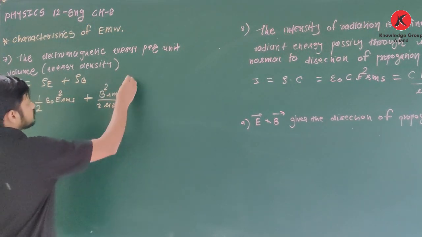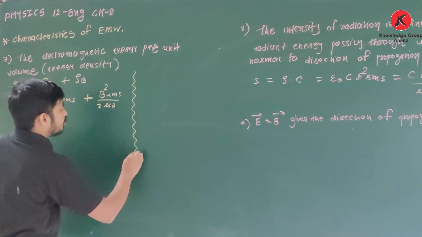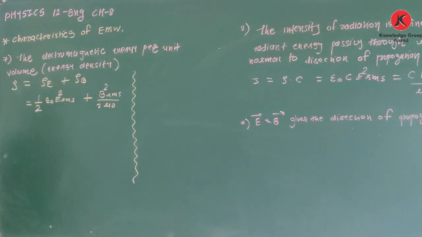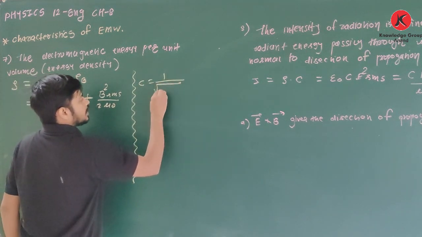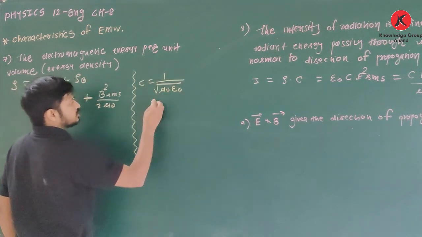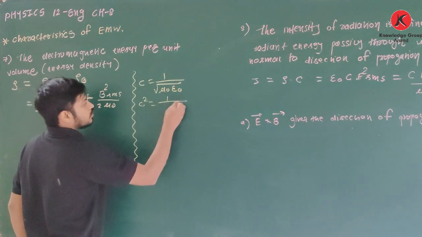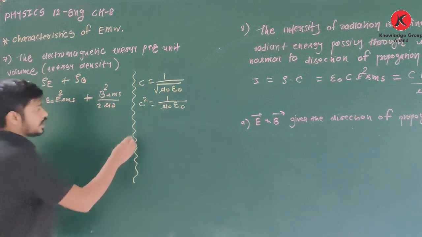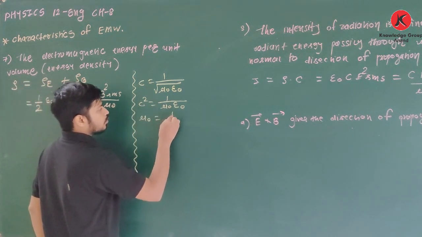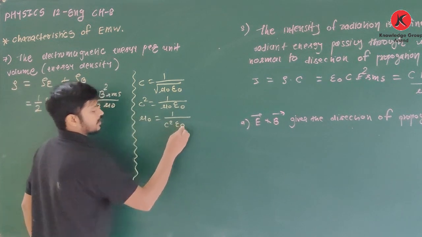Now we know one relation, C is equal to 1 upon under root mu 0 epsilon 0. So C square is equal to 1 upon mu 0 epsilon 0, so mu 0 is equal to 1 upon C square epsilon 0.